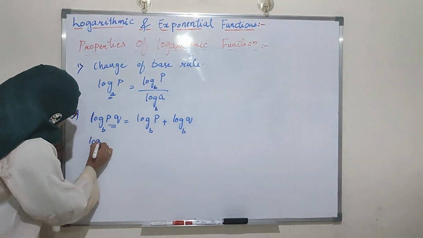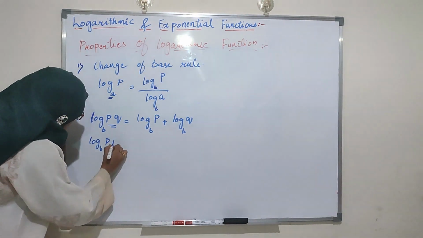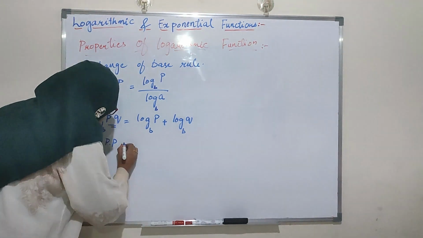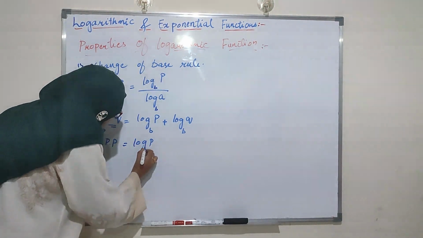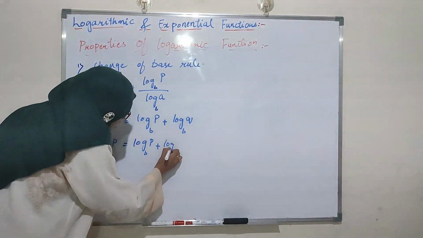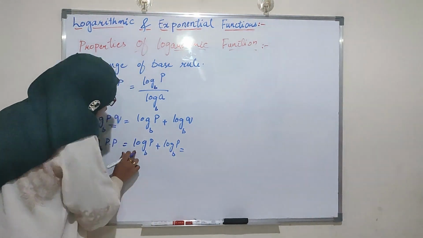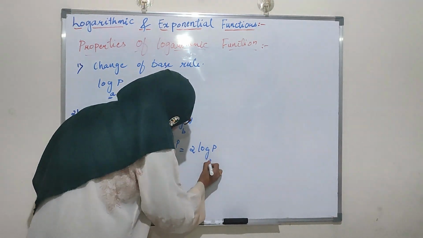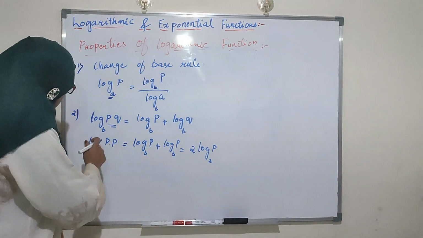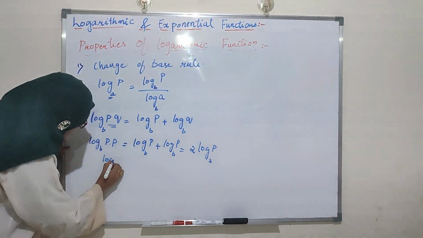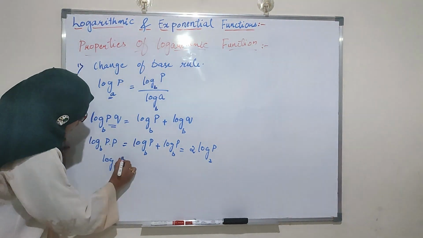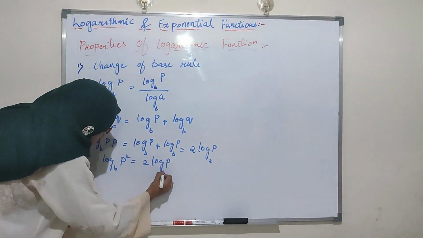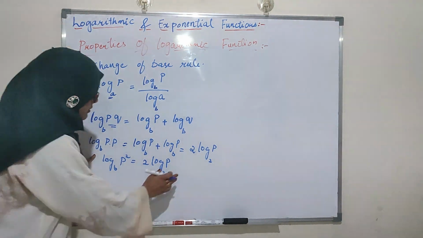Suppose we are having log of p times p, meaning I am replacing q by p. Then see what happened: log of p to the base b plus log of p to the base b. This becomes 2 log p to the base b. And here log of p into p, which is p square, is equal to 2 log p to the base b.